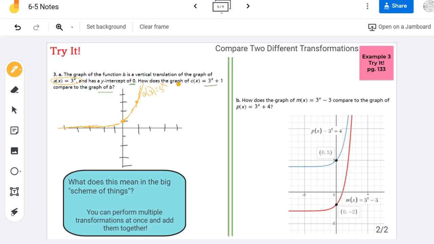Okay? So now it's saying b is some kind of vertical translation of the graph, and it has a y-intercept at 0. So for function b, it has a y-intercept right here at 0. So it's been moved down by 1. And so it becomes asymptotic here at -1.